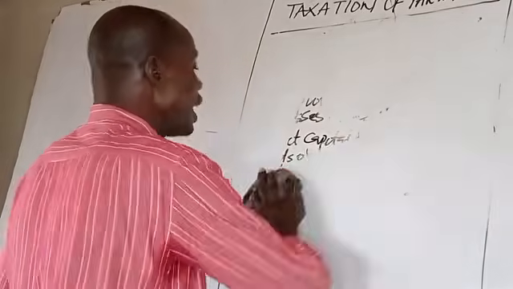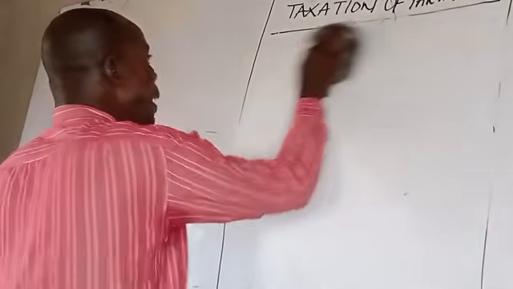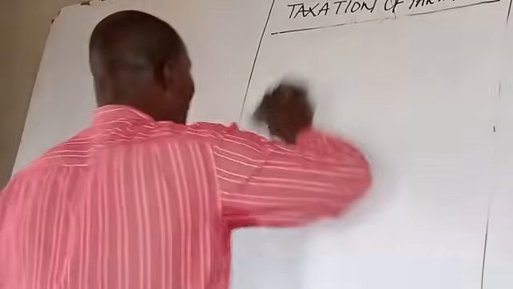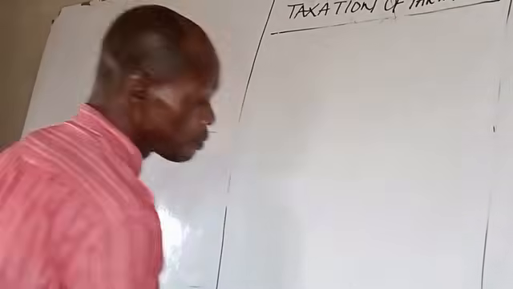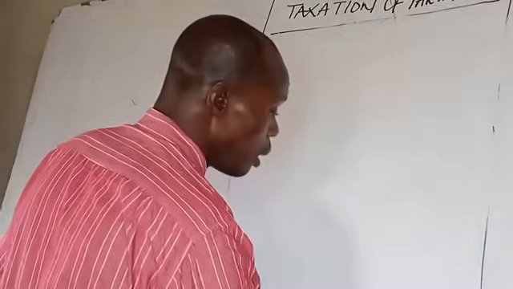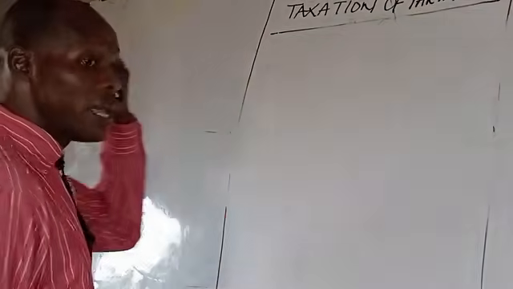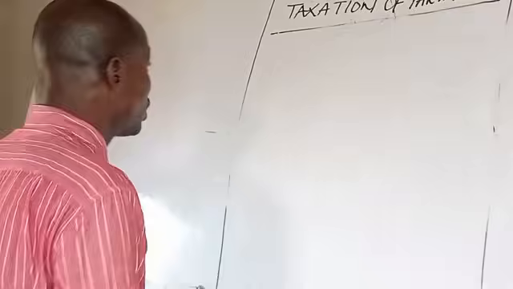Now, I want to give you the format for the computation of chargeable income. I've told you that this partnership taxation is similar to taxation of a sole trader. If you want to learn more about this, you can as well watch my earlier presentation on taxation of a sole trader.